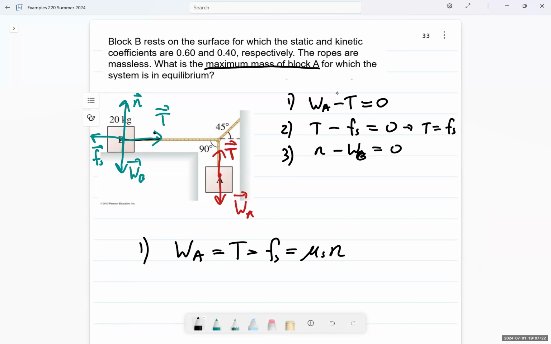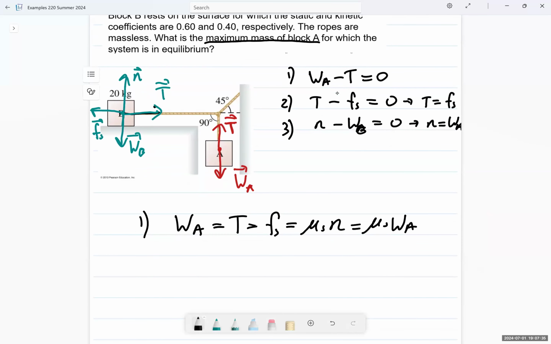And equation 3 tells us that normal force is equal to the weight of B. That means this is equal to the coefficient of static friction times the weight of B. So our equation ends up being: weight of A is equal to the coefficient of static friction times weight of B. I keep saying A. Weight of B.